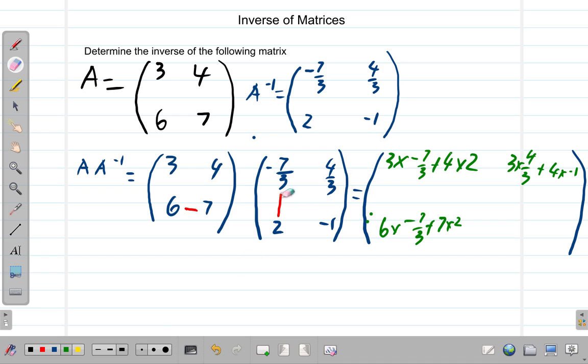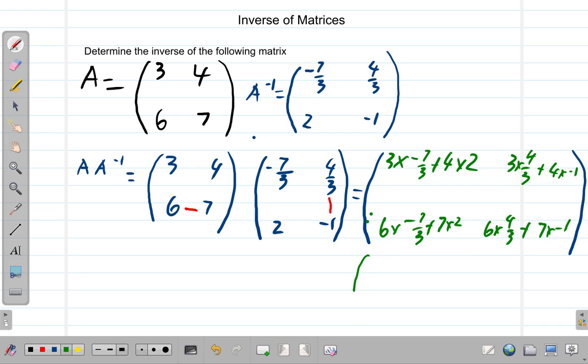So this time it's going to be row 2 multiplied by column 2: first in row 2 by first in column 2, 6 by 4/3, plus second in row 2 by second in column 2, 7 times -1.